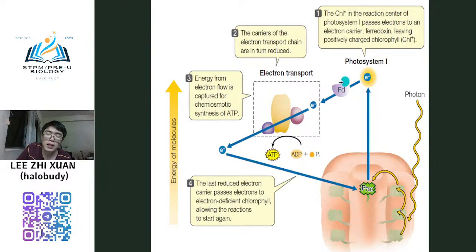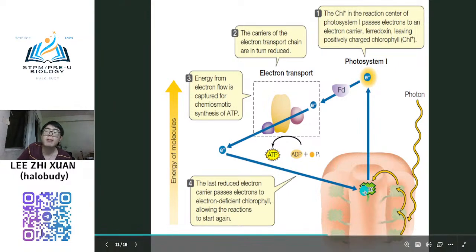Then this electron acceptor will transfer the electron to the electron transport chain to produce ATP molecules, and then the electron will go back to P700.